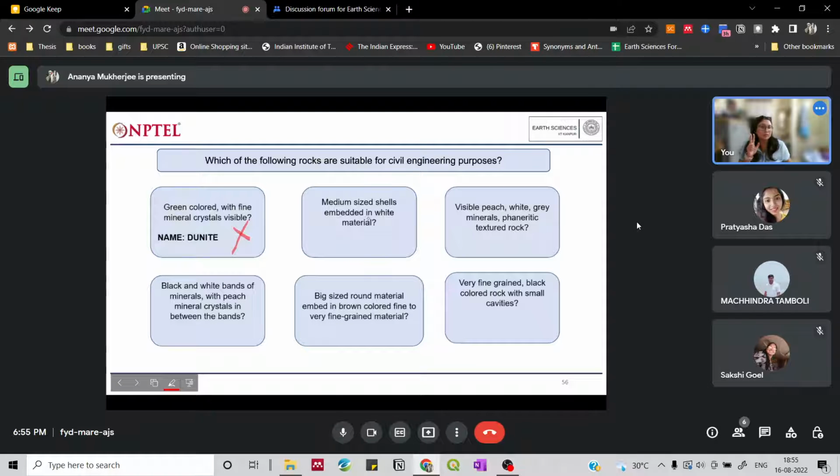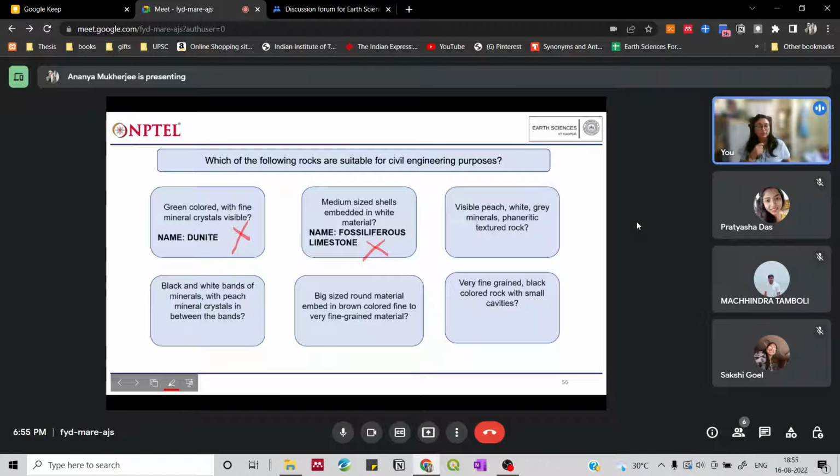So again this is not a favorable rock. This is called fossiliferous limestone, fossiliferous because we have shells in it. Because of the presence of the shells and calcium carbonate as the predominant chemical composition, this rock will not be used as a foundation stone. It can be used to make cement and other construction related material.